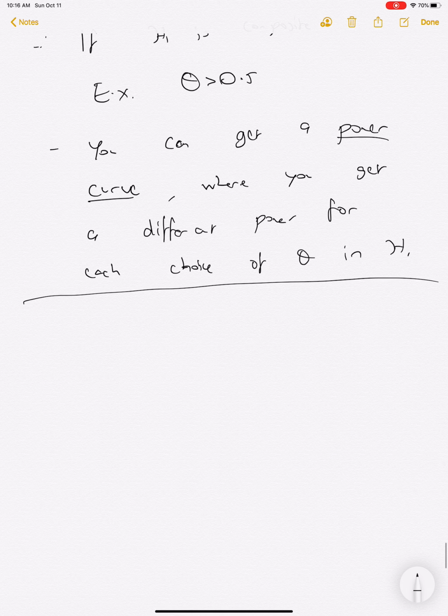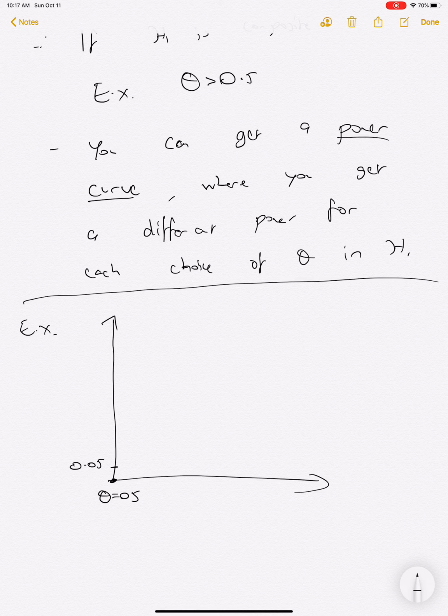So you can think about it as, if you set theta equals 0.5 here, you'd actually get exactly 0.05 because you've already done that calculation. And then as you get theta closer and closer to 1, the power is essentially going to keep growing.